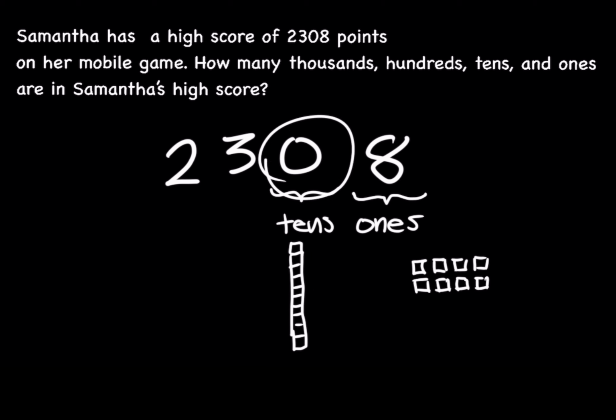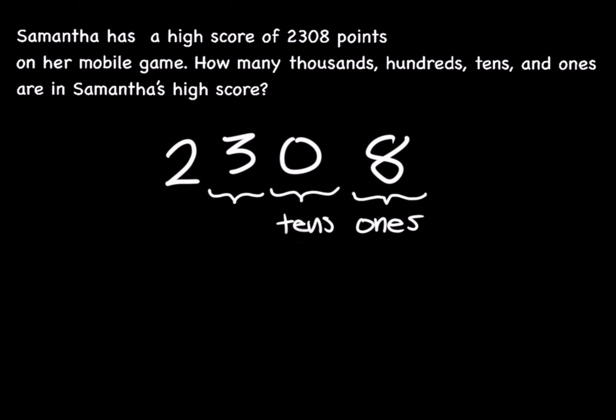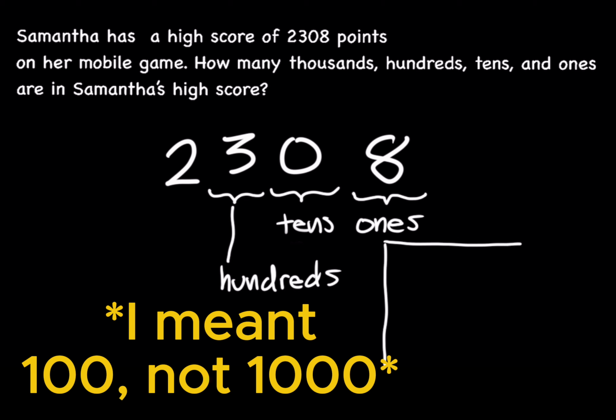But as you can see, we have 0, so we don't need to add anything here. Next, we have our hundreds place.